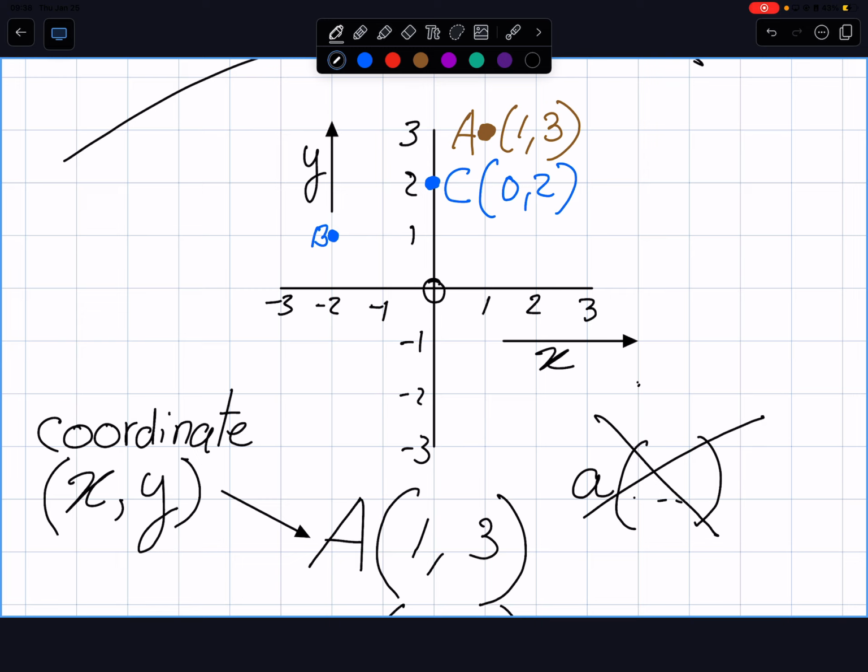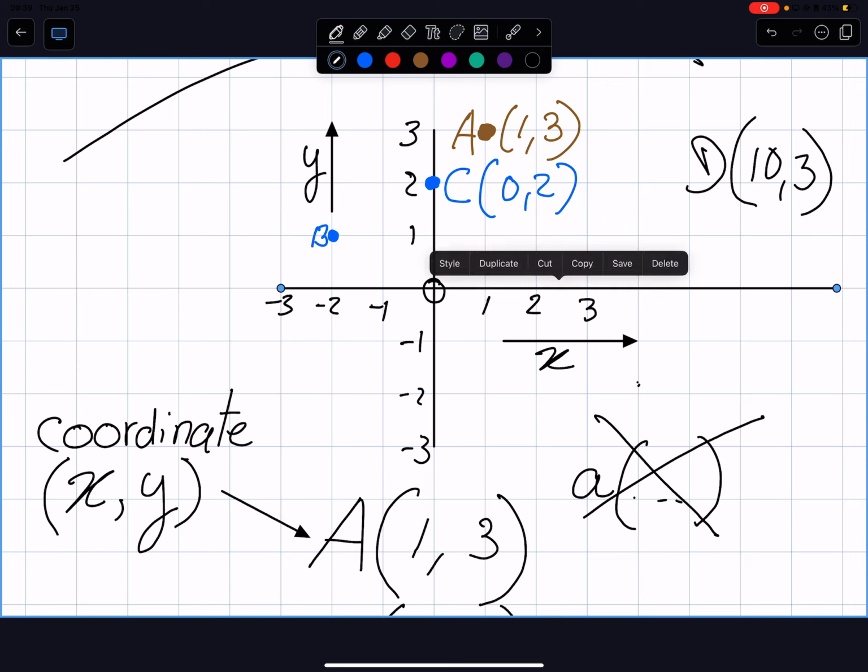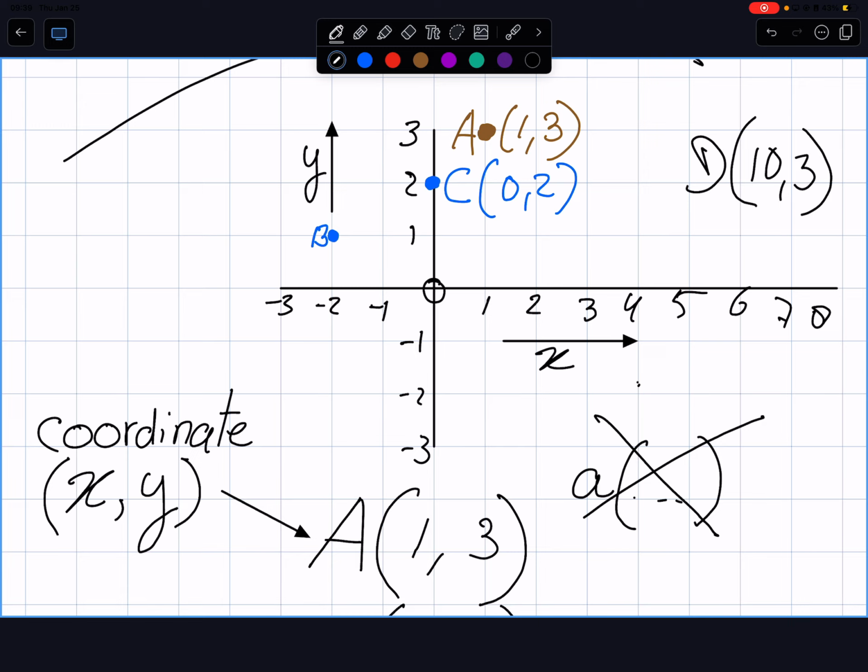When you have a coordinate, it's always on the graph. I can have a coordinate. I have to extend this line. 4, 5, 6, 7. I have to extend the line.